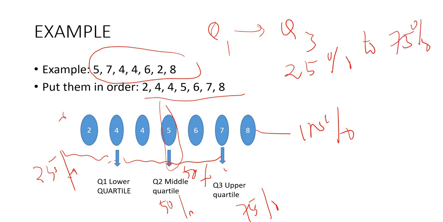In that way, you need to select 4 and 7. So Q1 is the lower quartile, Q2 is the middle quartile, and Q3 is the upper quartile. We split the data, so these Q1, Q2, Q3 are known as the quartiles. Then you will get different groups: first group, second group, third group.